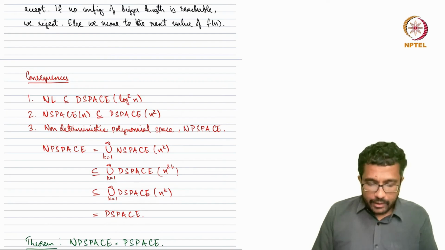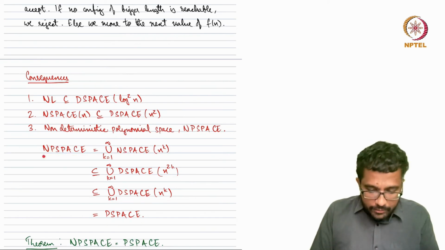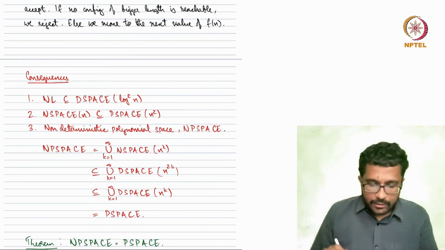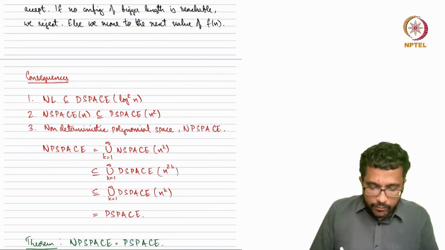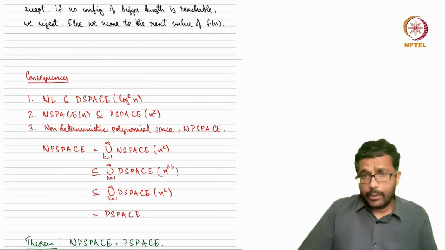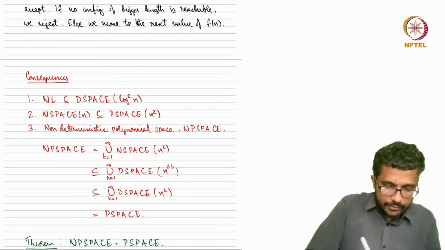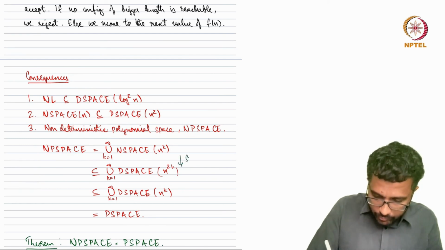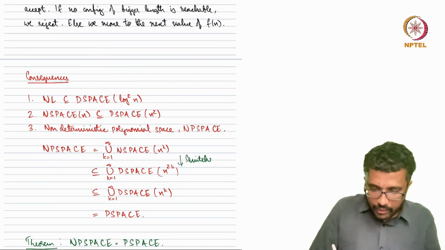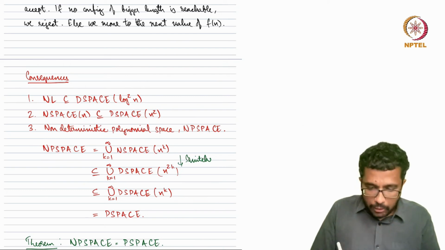The reason is that due to Savitch's theorem, the non-deterministic analog of PSPACE is the same as PSPACE. Why? Let's assume, just for the sake of understanding, that there is such a class, NPSPACE, which is the union of all NSPACE(n^k), all polynomial space bounded languages with k ranging from 1 to infinity. But then by Savitch's theorem, NSPACE(n^k) is contained in DSPACE(n^2k), right?